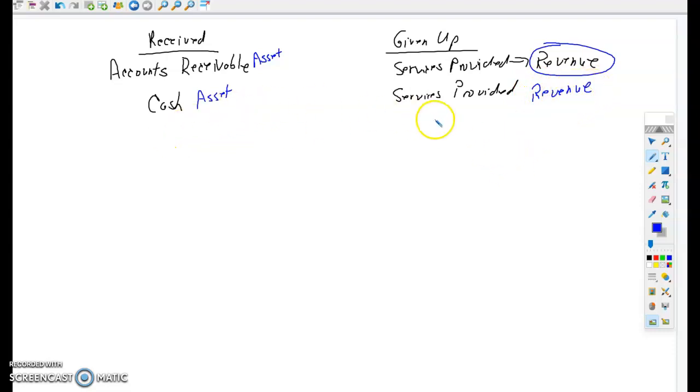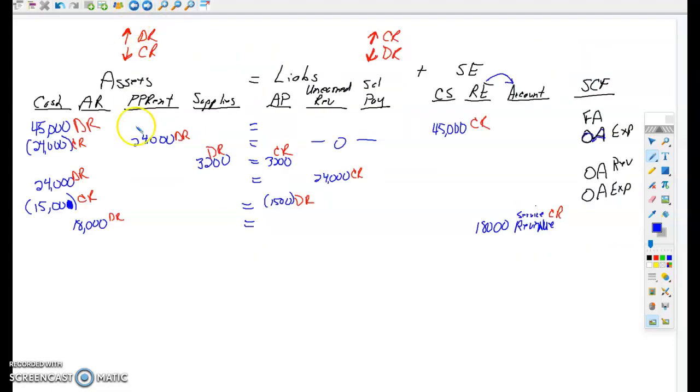And then I'm going to put this on my horizontal model. Cash is going up by $8,400. And then revenue is part of earnings. So $8,400 service revenue. I'm just going to write revenue to shortcut it.